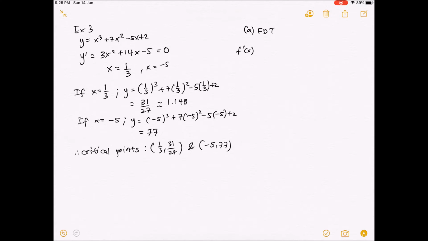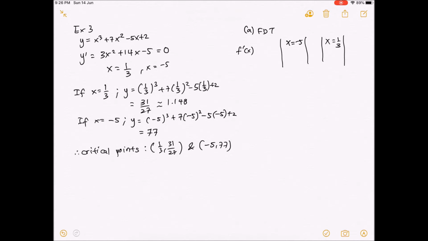So this is f prime x. You have x equals negative 5, and then you have x equals 1/3. Okay, so we will find a point before x equals negative 5, in between x equals negative 5 and x equals 1/3, and after x equals 1/3.